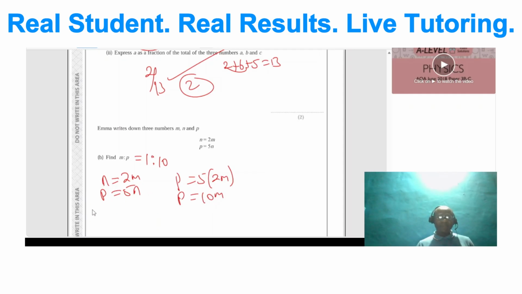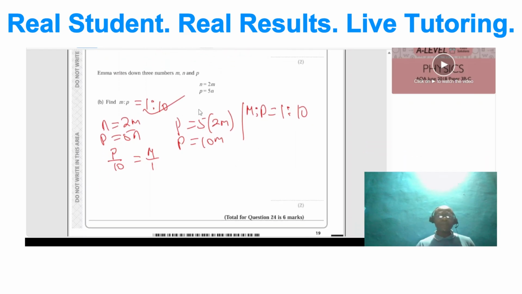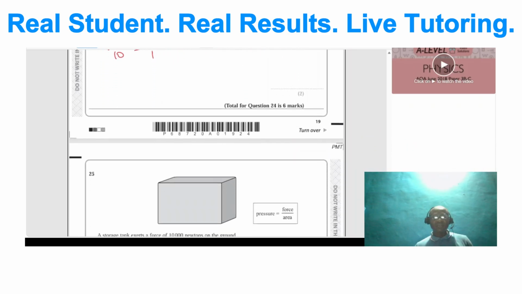Therefore, I can simply write P all over 10 is equal to M all over 1. So the value of M ratio P can now be 1 ratio 10. Give it 2 marks. Okay, the answer is correct. Let's go to the next question.